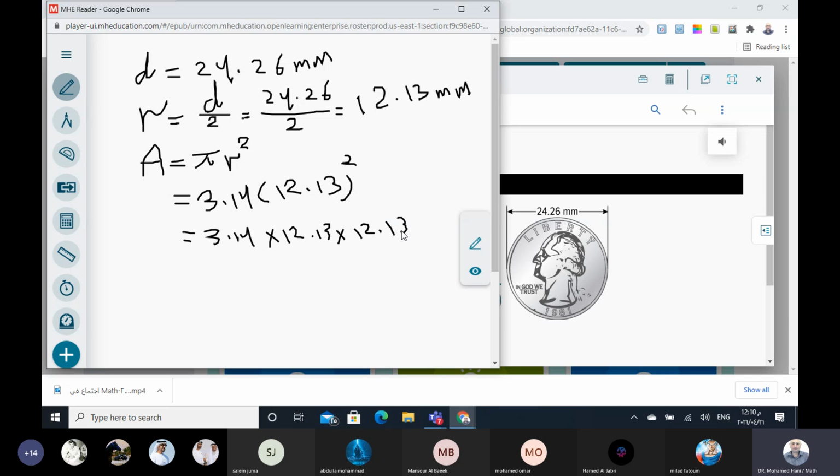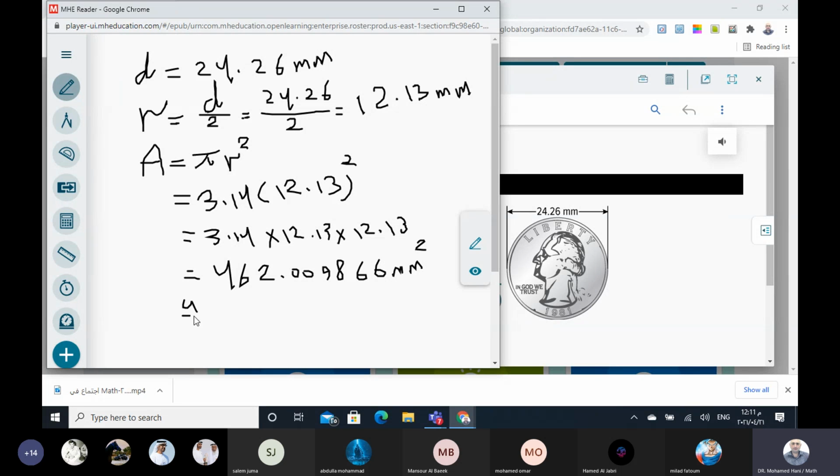Why 12.13 times 12.13? Because here we have the exponent 2, squared. Now we can calculate. We have 3.14 times 12.13 times 12.13. So the answer will be 462.009866 millimeters squared.